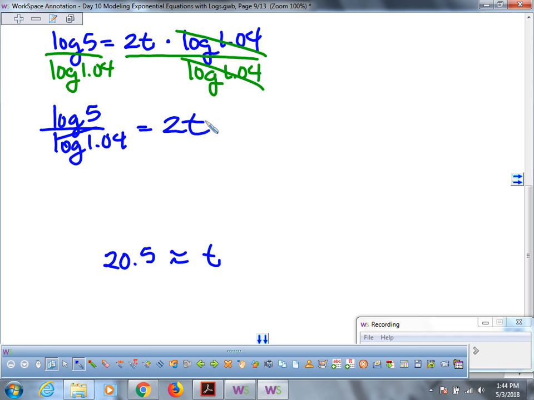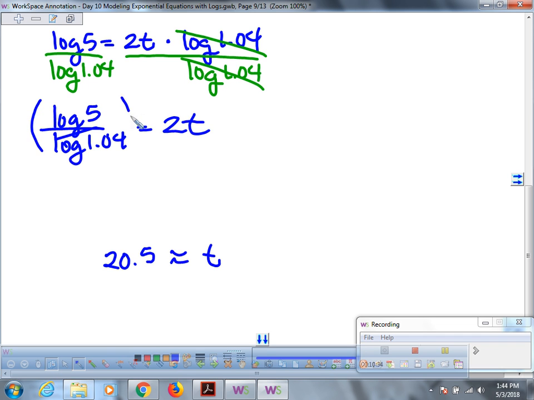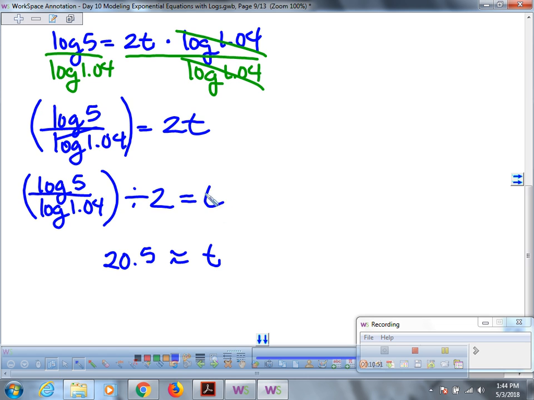Now I need to put this in my calculator and divide by 2. So finally, I have log 5 divided by log 1.04, and I'm going to divide that answer by 2 to get t, and you should get 20.5.